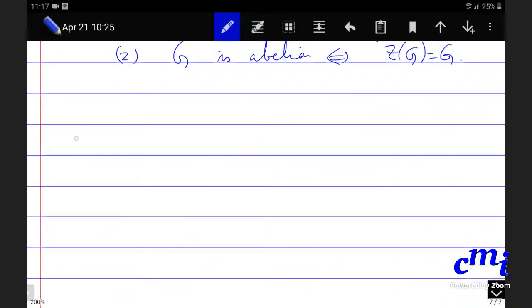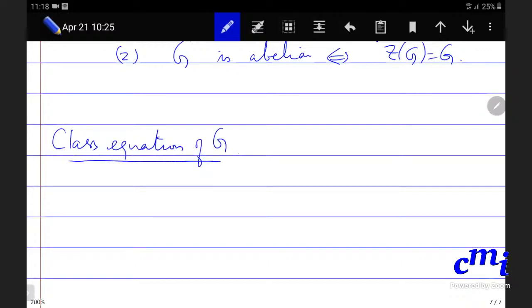What is called the class equation of G is in this context: G acts on itself by conjugation.